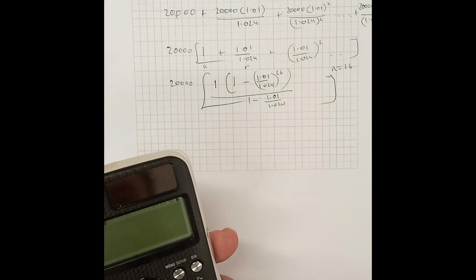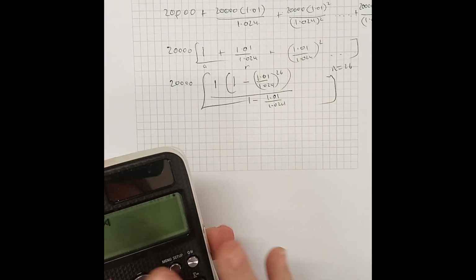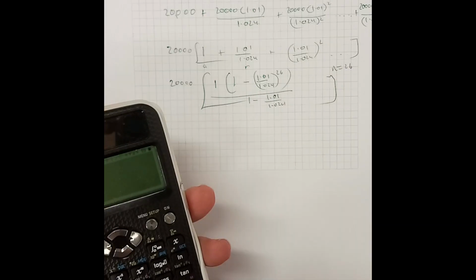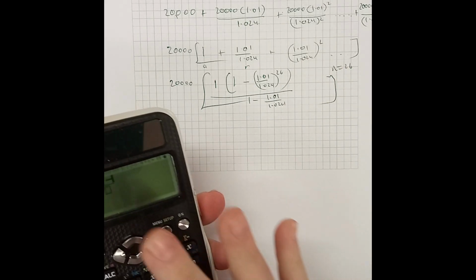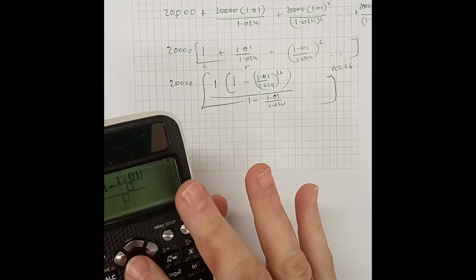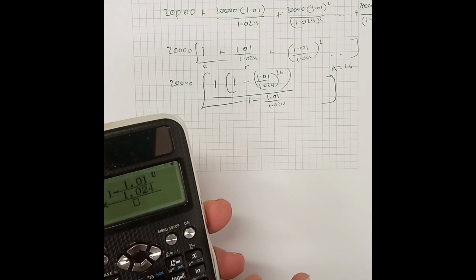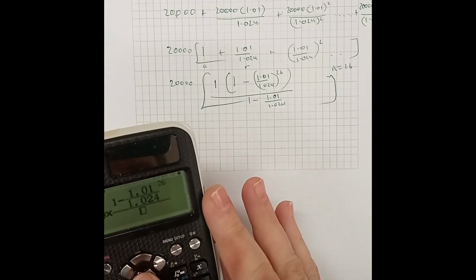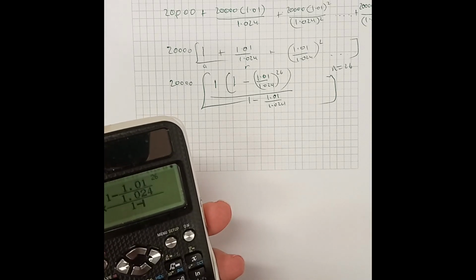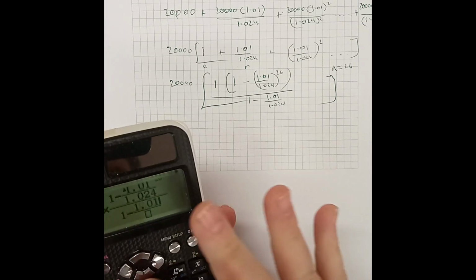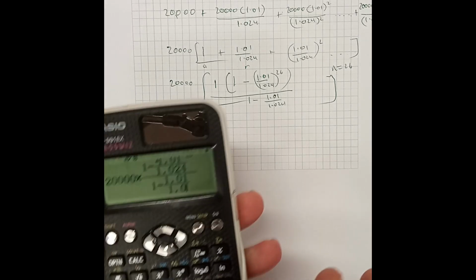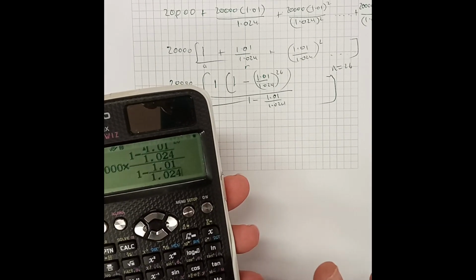So let's have a look at this. 20,000 multiplied by fraction. That one multiplied by 1 is going to be 1. 1 minus 1.01 over 1.024 to the power of 26 over 1 minus 1.01 over 1.024.